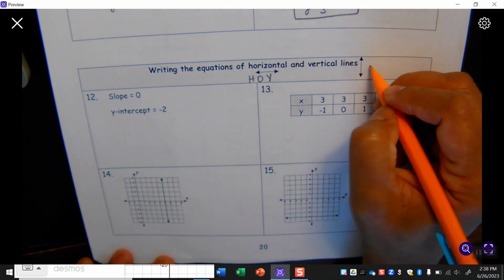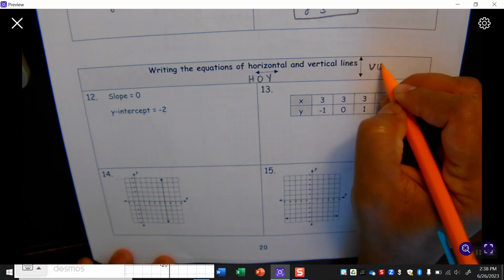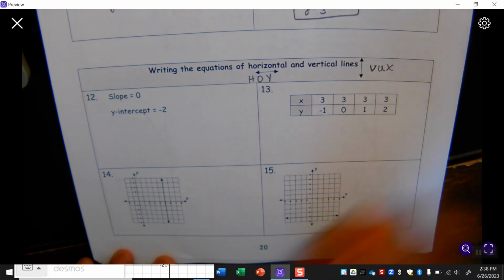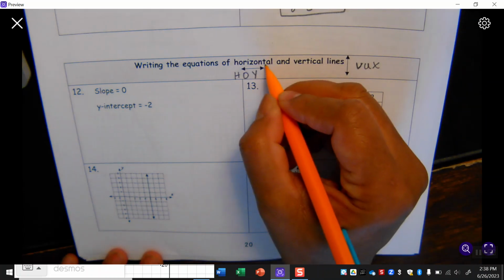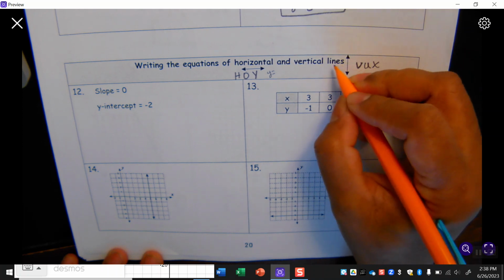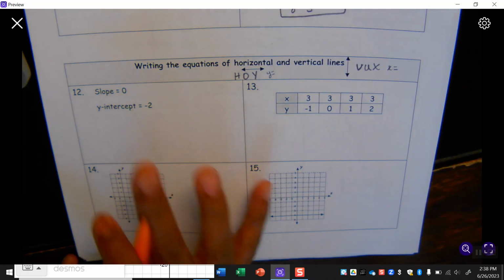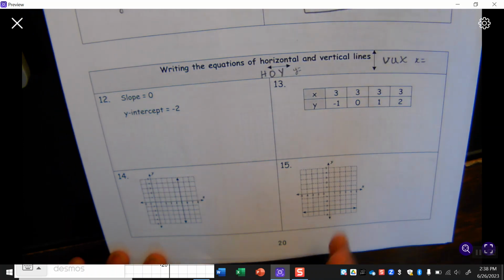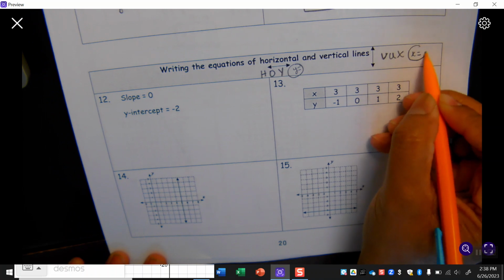Vertical lines have an undefined slope, and they cross the x-axis. Okay, so what that means is for horizontal lines, it's just going to be y equals. For vertical lines, it's going to be x equals. That's it.